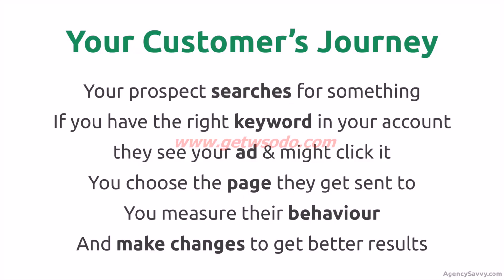So how are you going to show up in front of this person searching? You've got to have keywords in your account. We'll dig into what those are and how to find them. They're going to see your ad, and if they click it, then you pay some money to Google. You get to choose exactly where they go next, and you get to measure what they do when they get there. Based on all of that, we then make changes to improve results over time. So that's the game we're playing.